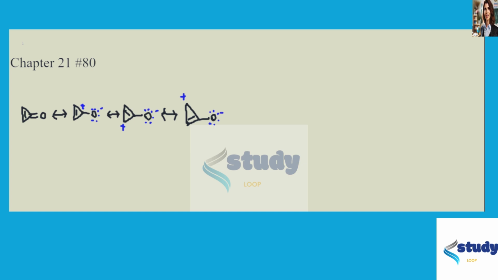Okay, and so we can contrast that with cyclohexanone. And I will draw it with the same orientation here. Okay, so there's our cyclohexanone.